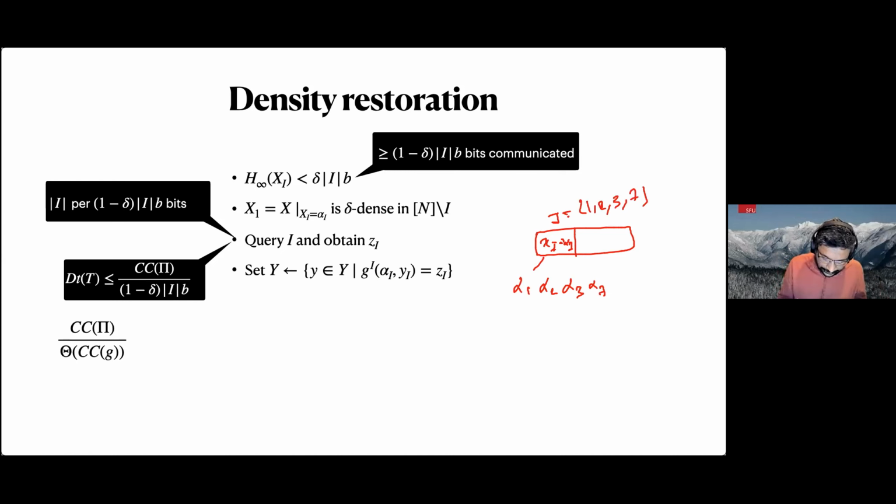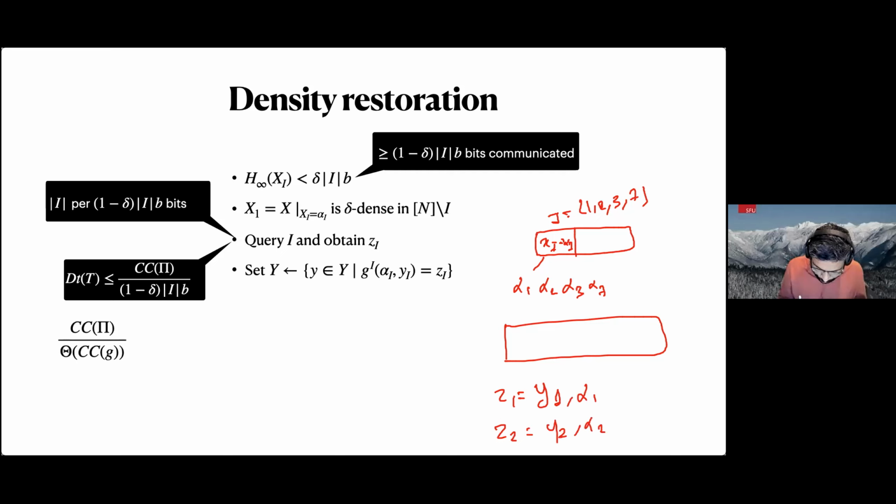This is like fixing Z_1 to be the first block of Y at alpha_1, Y_1 alpha_1, Z_2 to be Y_2 alpha_2, and so on and so forth. Z_7 is Y_7 alpha_7.